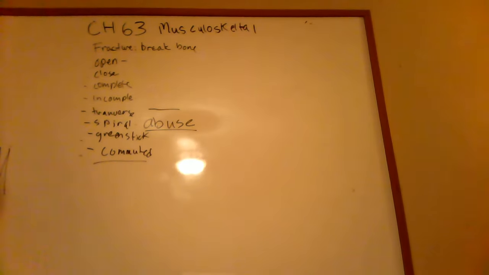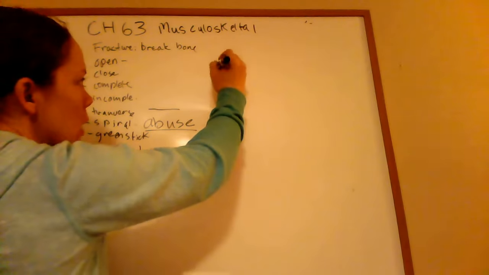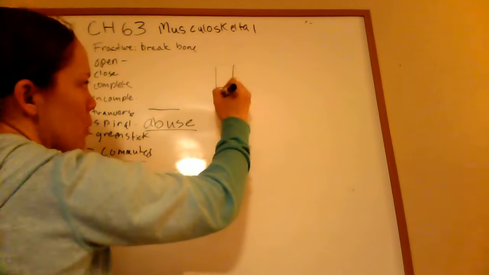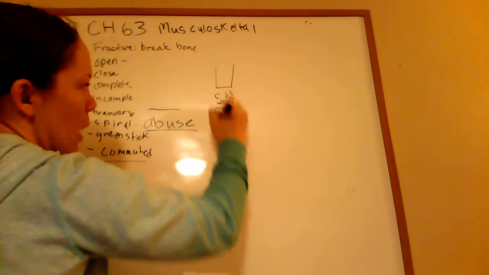A displaced fracture is where the bone is completely out of alignment, and oblique or communicated is a type of those. So a displaced fracture, to break that down, the communicated is like you have all these bone fragments, and then the other part of the bone.